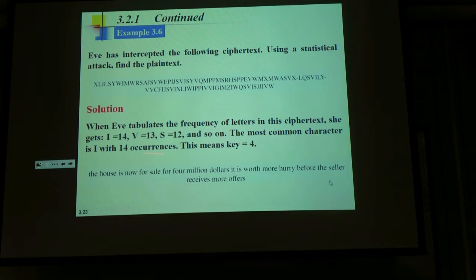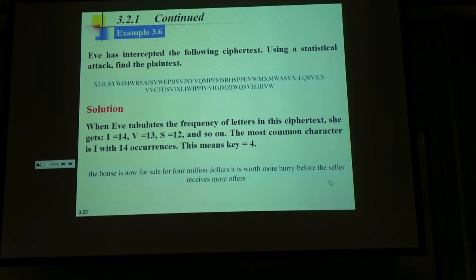The most common character is I with 14 occurrences. This means the key equals 4. When she applies the key 4, she gets this message: the house is now for sale for $4 million. It is worth more. Hurry before the seller receives more offers.